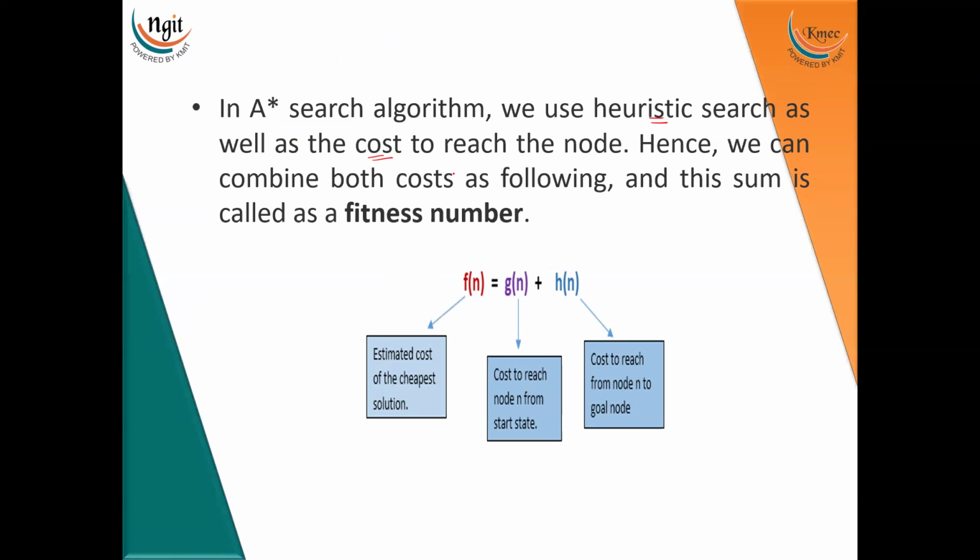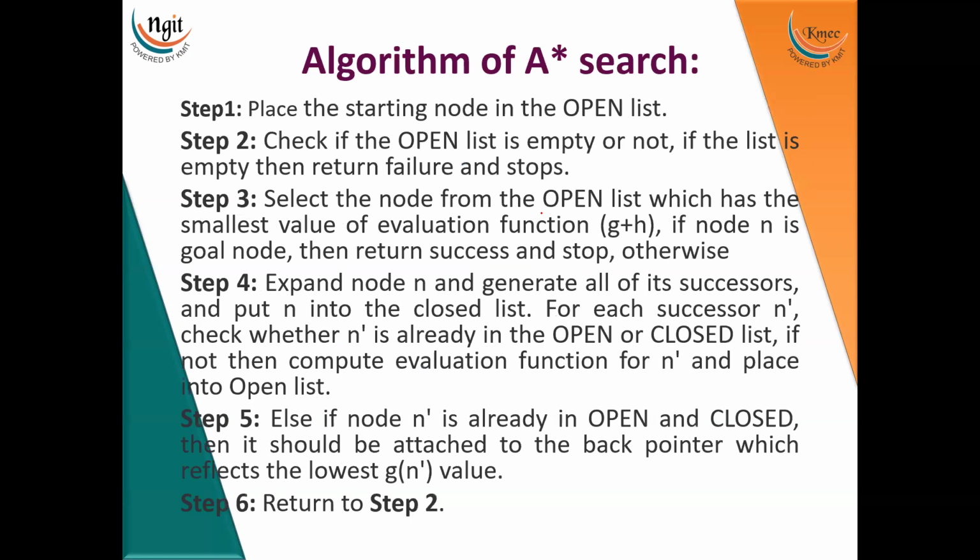We combine both costs as follows, and this sum is called the fitness number, that is f of n equal to g of n plus h of n, where f of n is the estimated cost of the cheapest solution, g of n is the cost to reach node n from the start state, and h of n is the cost to reach the goal node from node n. With this formula, we are going to find the path from the start state to the goal state using the A-star search algorithm. Let us see the algorithm of A-star search.